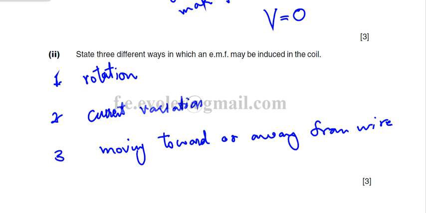So as we move the coil toward the wire, magnetic field strength increases, and as we move it away from the wire, the magnetic field strength decreases. So if there is a change in magnetic field strength or the flux, there will be an EMF induced. So these are the three ways in which we can induce the EMF in the coil. So that's it for this question.